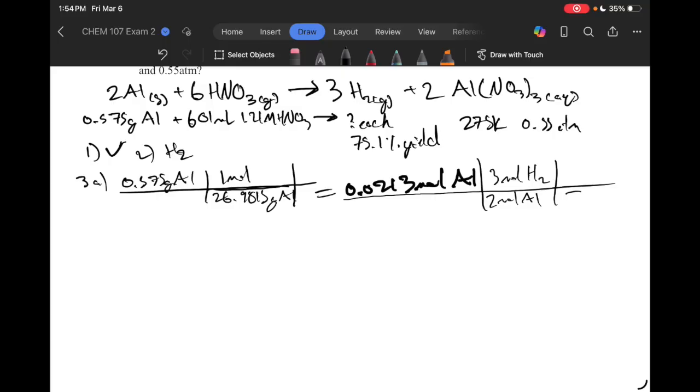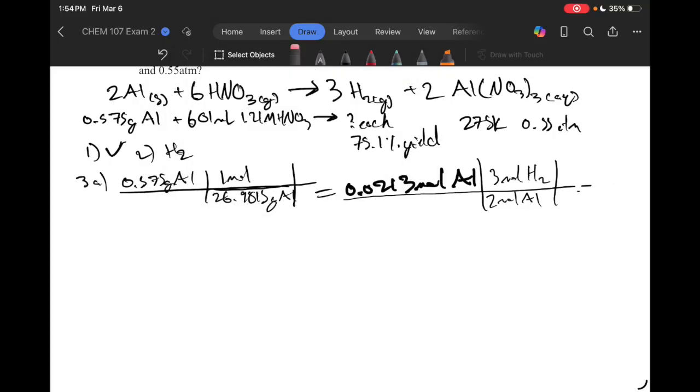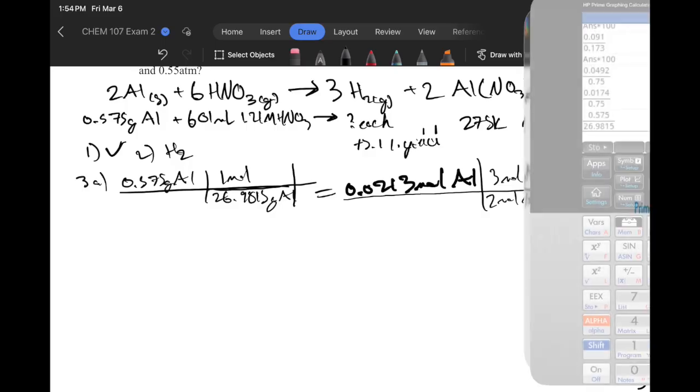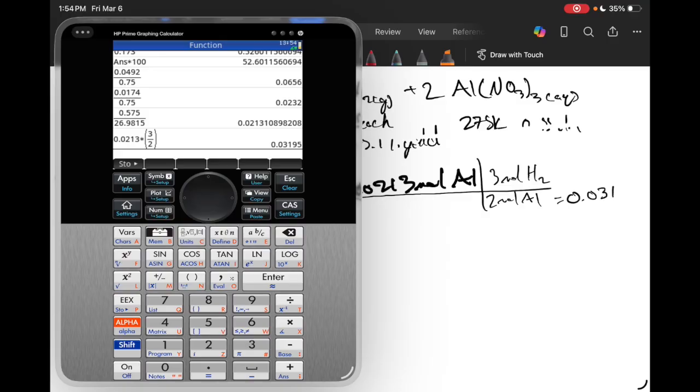So once we do that conversion, we have 0.0213 times 3 over 2. That's going to give us 0.031320 moles of hydrogen gas.